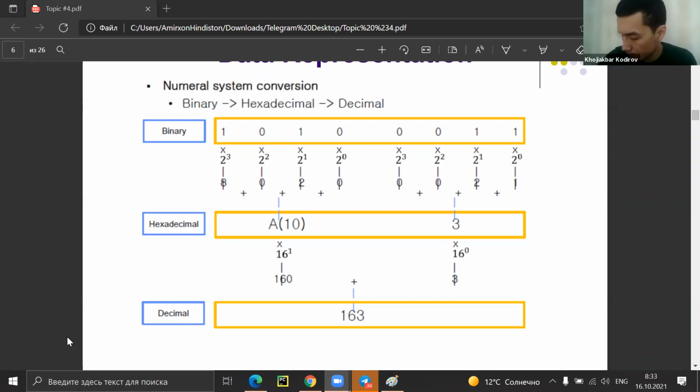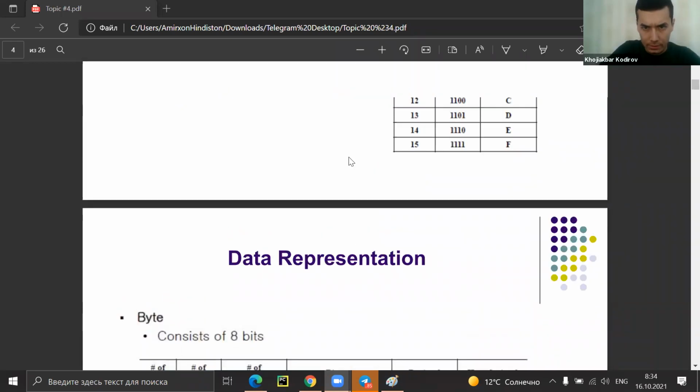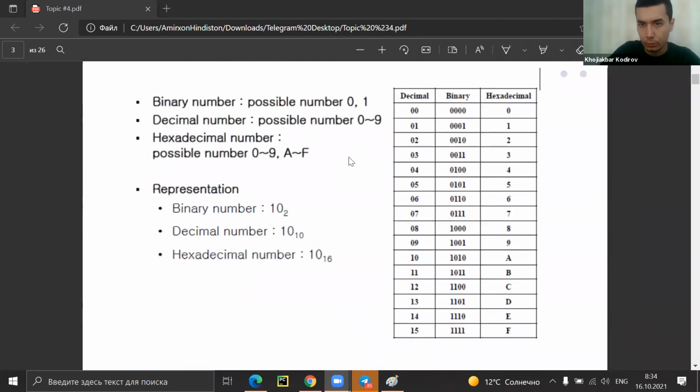Are you finished? No? Okay, guys, this table should be helpful to you. You can use it.